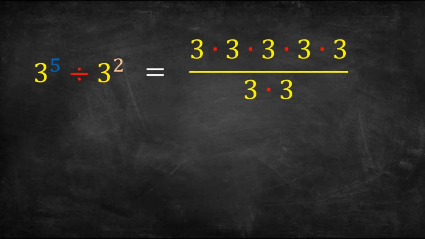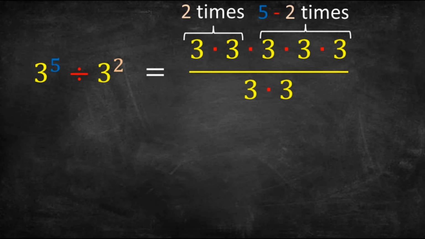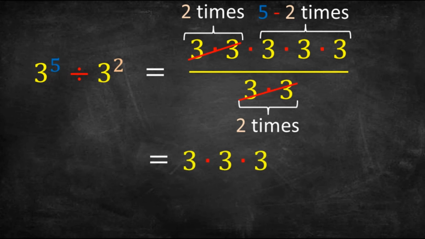In the numerator, we are multiplying 3 by itself first twice, and then again by itself 3 times, or 5 minus 2 times. Now note that the 2 3's in the denominator will cancel with the 2 3's in the numerator, and we are left with 3 multiplied by itself thrice. In other words, 5 minus 2 times.